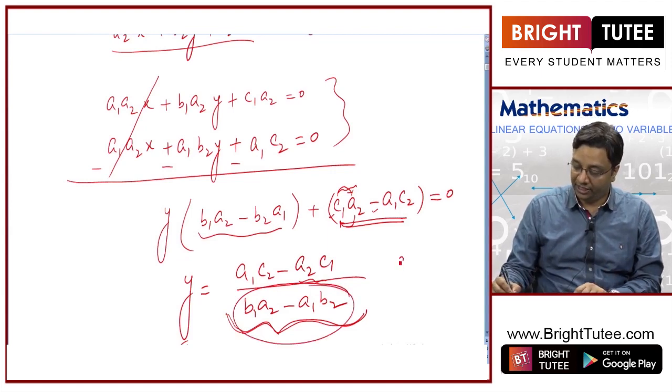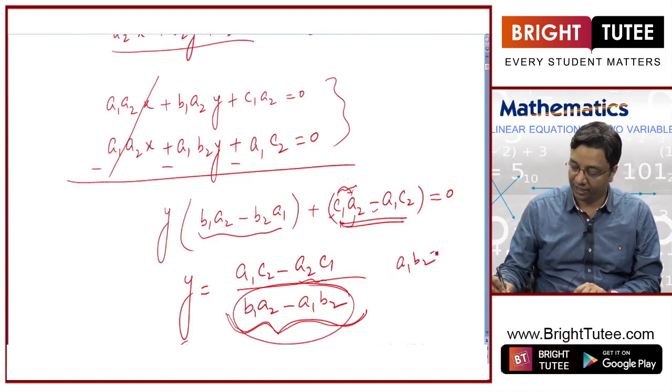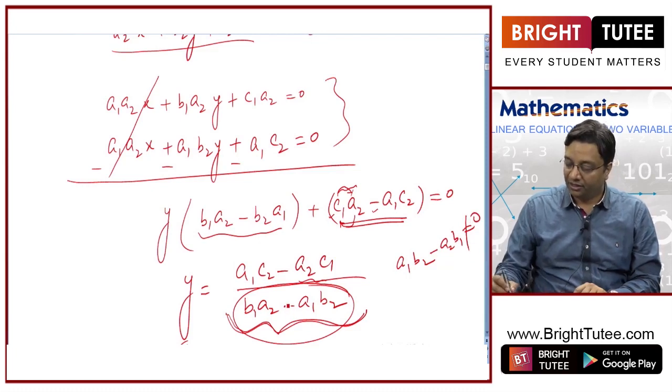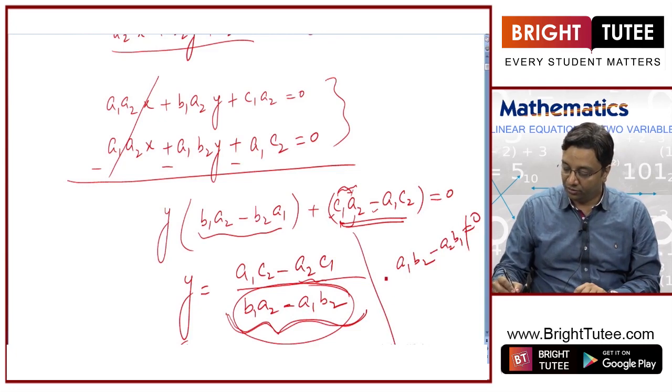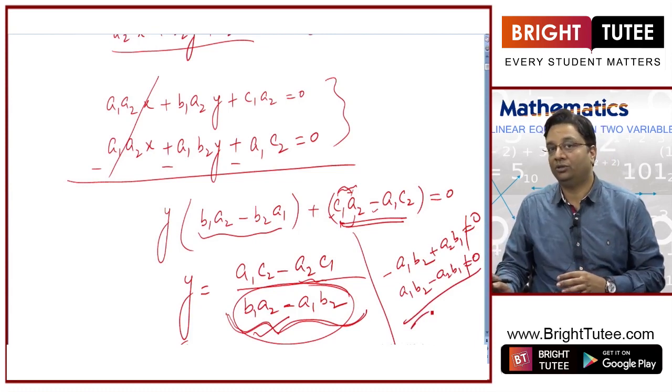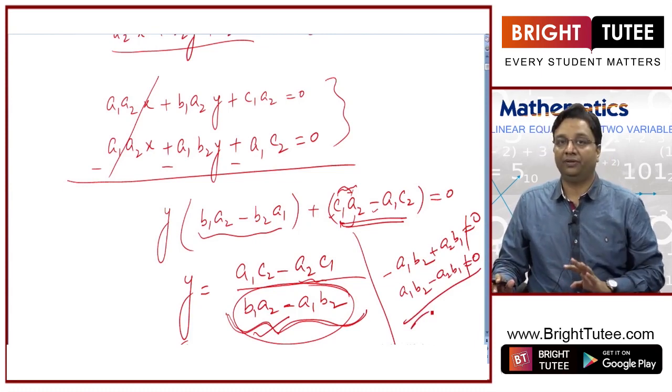So, a1 b2 minus a2 b1 should not be equal to 0. Again I have changed these signs. I can write it like this also, minus a1 b2 plus a2 b1, which is the same term. This should not be equal to 0, because the denominator will become 0 then, and then it will not be defined.